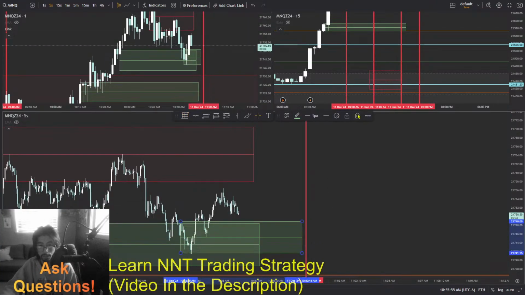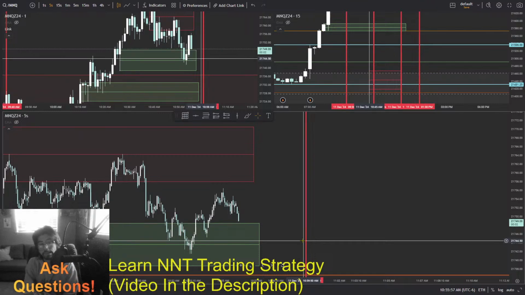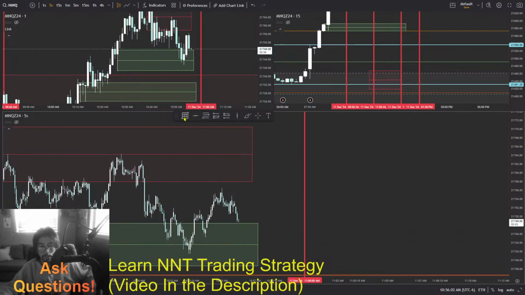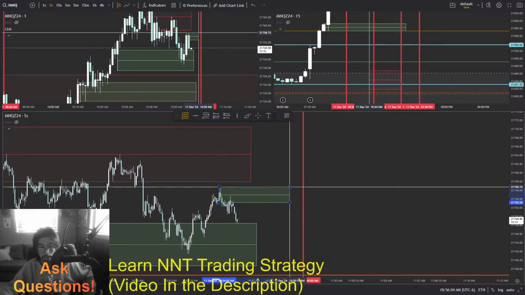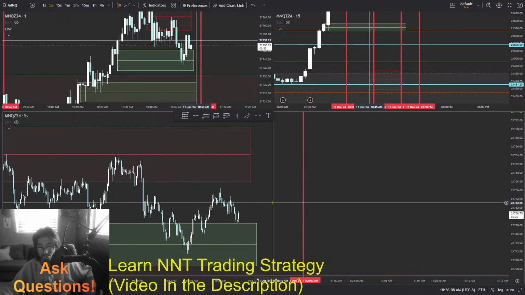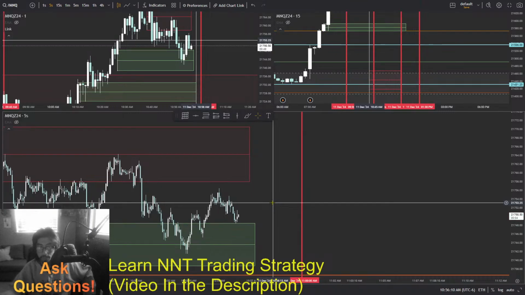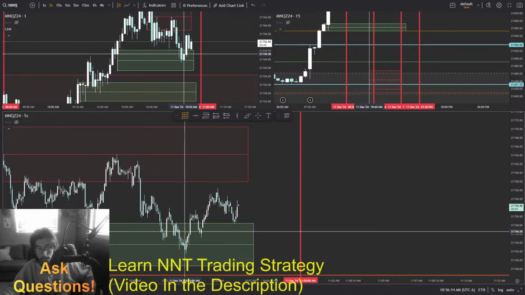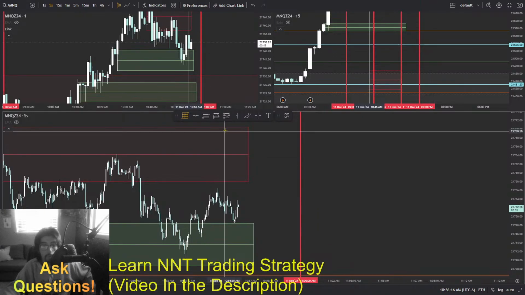Yeah, nothing. I see something. No, that's not tradable. Right here. Yeah, that's not tradable. About this? No. Womp womp womp.